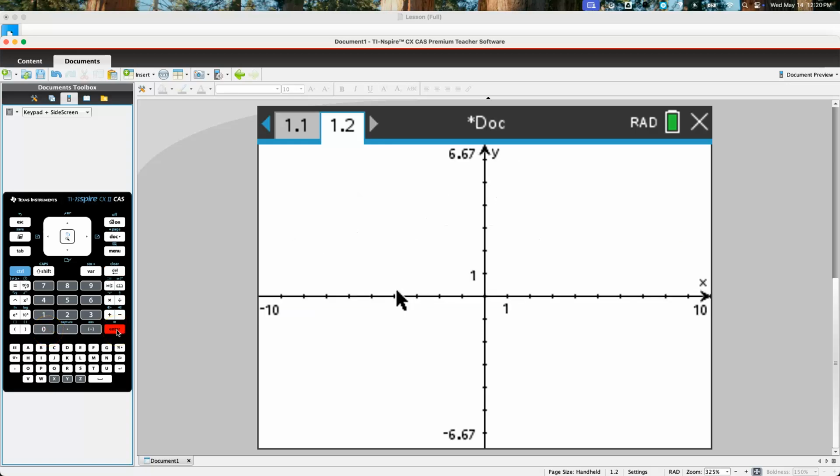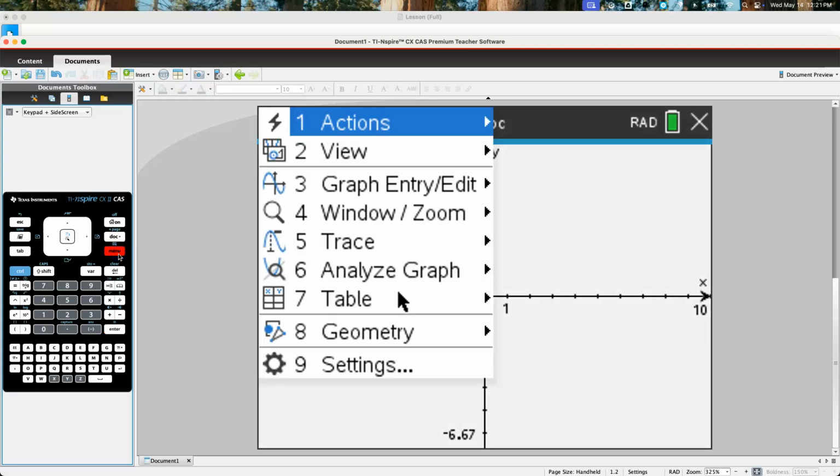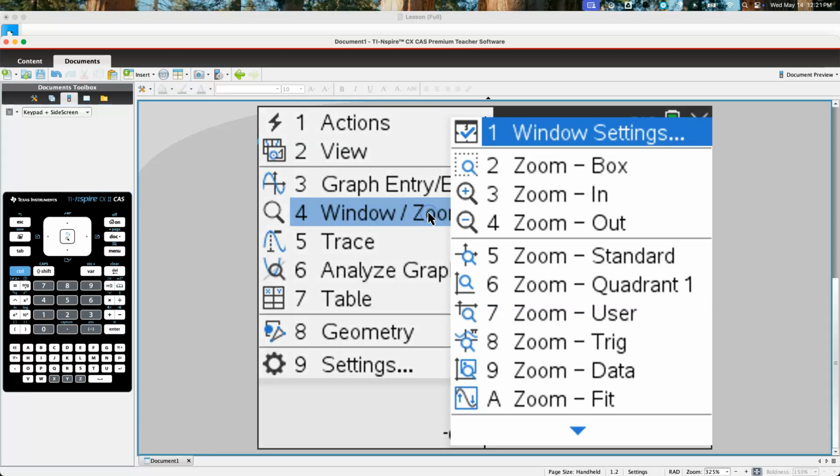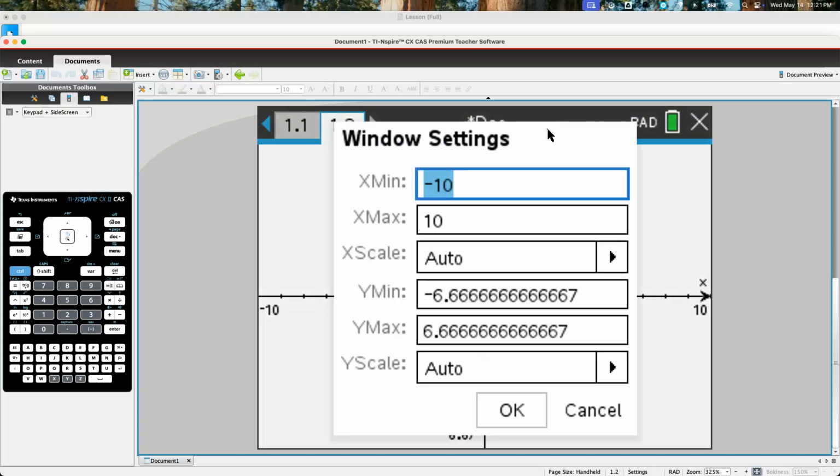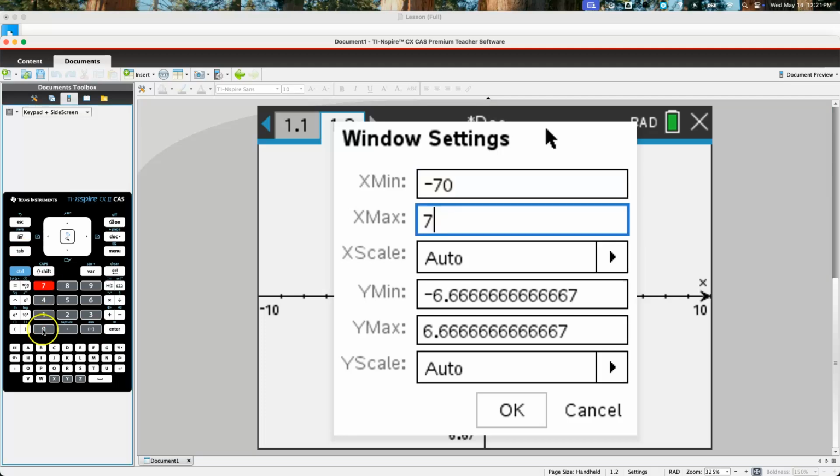Okay? I don't see mine, so I gotta adjust my window, obviously. So I got 60 on either side, right? Because we got a radius of 60. So I'm going to go negative 70 to 70. I'm going to go by tens.